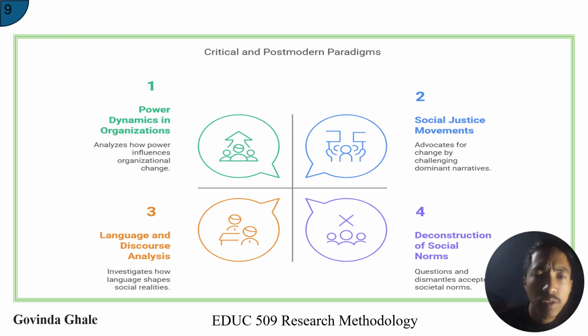And critical and postmodern paradigms. That means one is power dynamics in organizations, which analyzes how power influences organizational change, and social justice movements. It advocates for change by challenging dominant narratives, and language and discourse analysis.